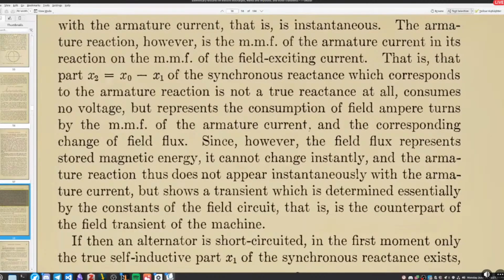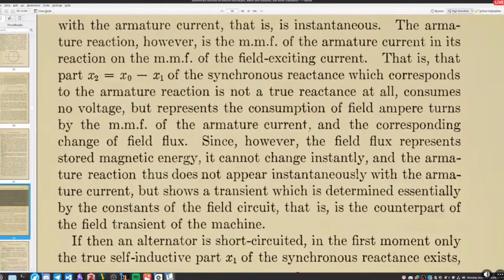That is, the part X2 equals X naught minus X1 of the synchronous reactance, which corresponds to the armature reaction, is not the true reactance at all, consumes no voltage but represents the consumption of the field ampere turns by the MMF of the armature current and the corresponding change of the field.